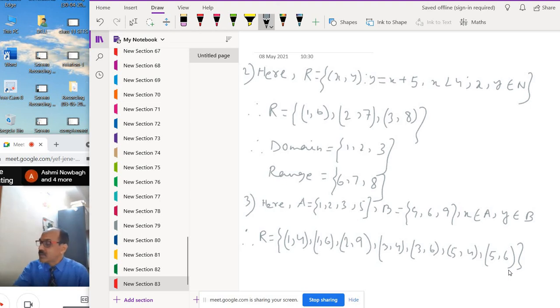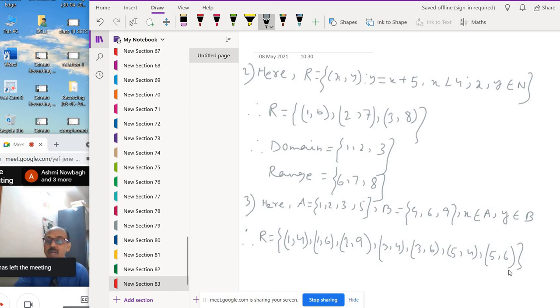Next, see question number 4. Question number 4 is, see, one diagram is given. P and Q, two sets. First set elements are 5, 6, 7 and second set elements are 3, 4, 5. That means X are 5, 6, 7 and Y are 3, 4, 5.